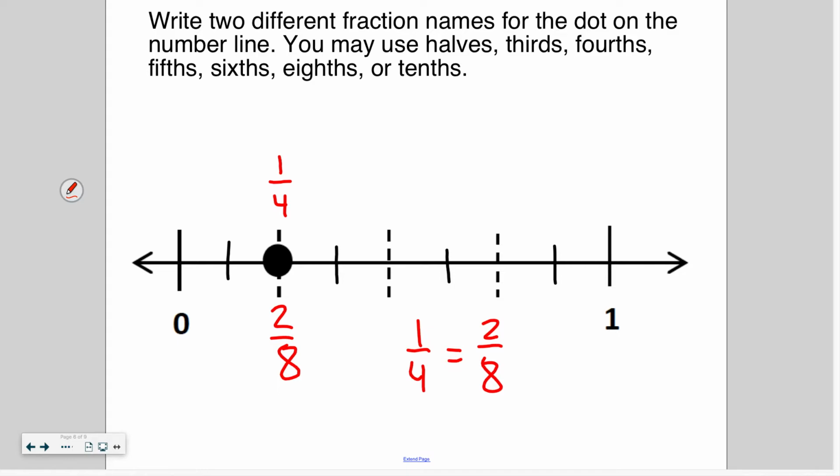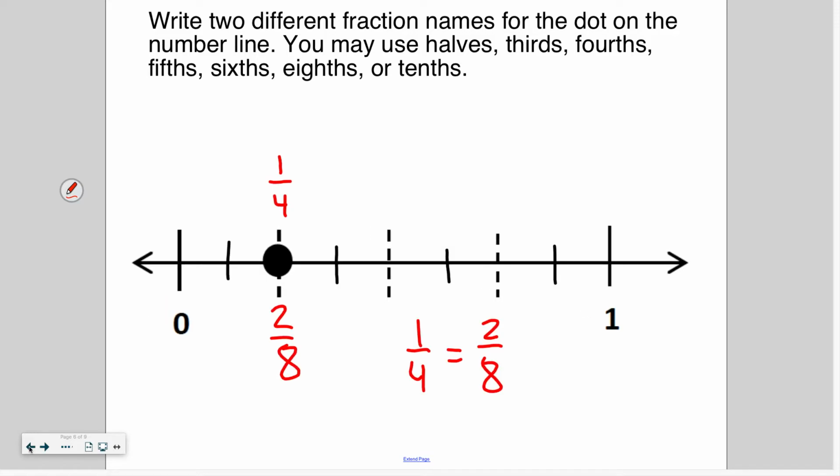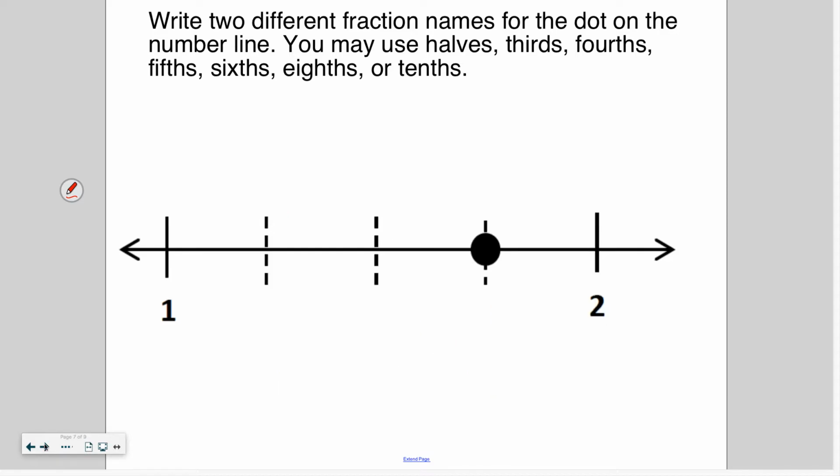So let's try one together. We do the same thing, except we're starting from 1 instead of 0. We're going up to 2. Before, we started at 0 and went up to 1. Now we're going up a different whole, starting at 1 whole and going up to 2. So I say this is also fourths, 1, 2, 3, 4.